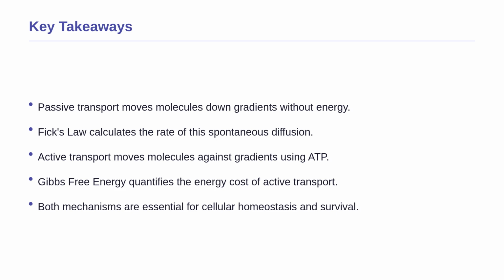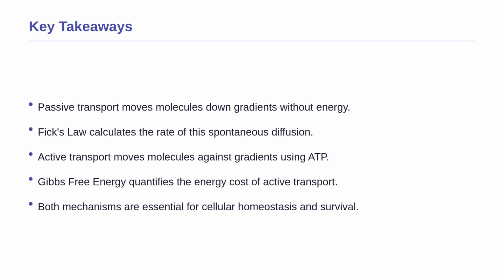We have covered a lot of ground today, so let us summarize the most important ideas. First, we learned that passive transport is the cell's free ride, moving molecules down their concentration gradients without spending any energy. We used Fick's first law to mathematically calculate the rate of this spontaneous diffusion.